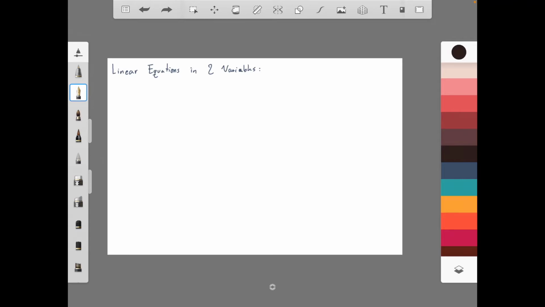There are two cases that you will get when you are solving linear equations in two variables.